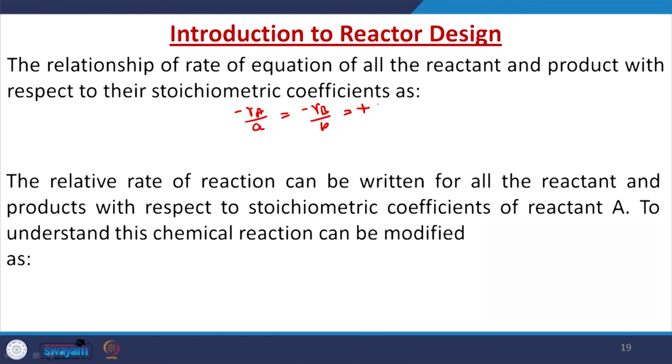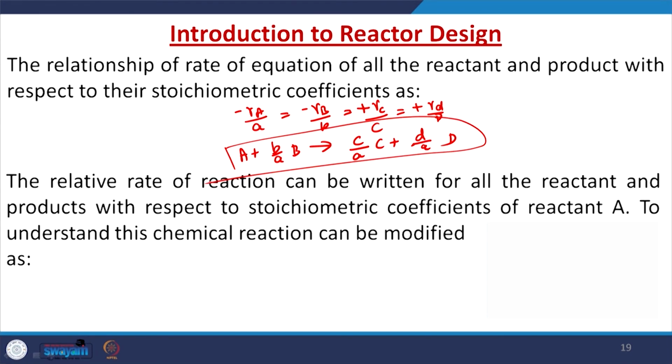Plus, because C and D, or sometimes R and S, are forming, you may write like this if you try to correlate the things with the previous one. So the modified chemical equation may become like this; this is your modified chemical equation.